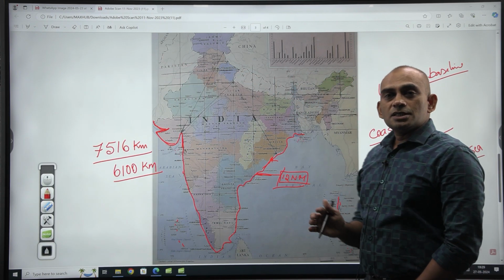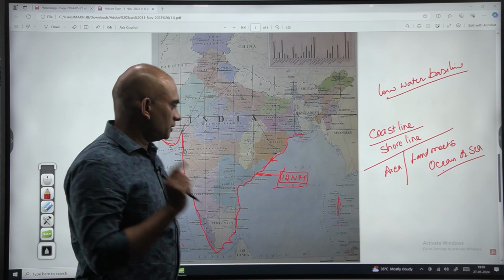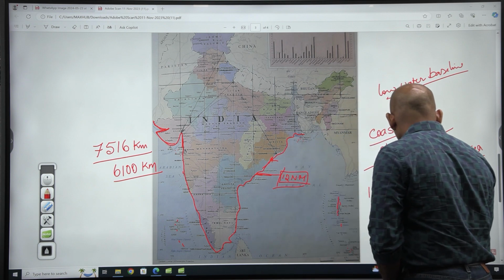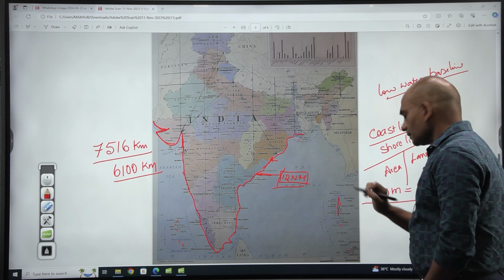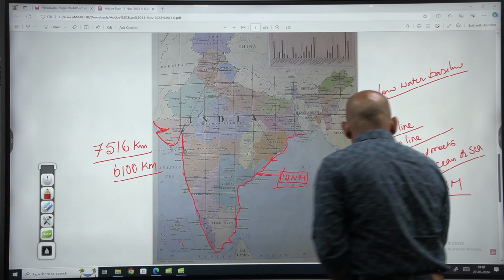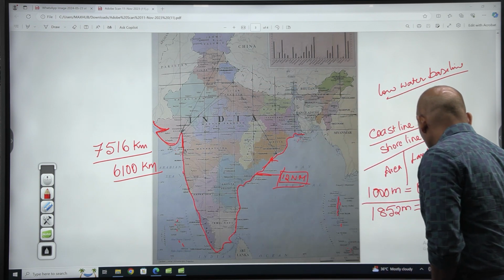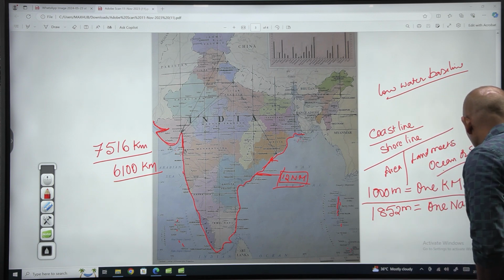How many meters are there in 1 kilometer? 1000 meters is equal to 1 kilometer. But in nautical mile, 1852 meters is equal to 1 nautical mile.